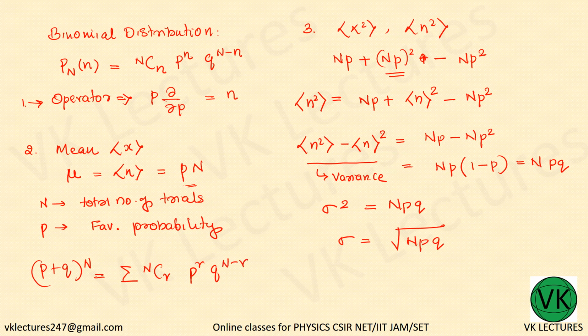Mu we have already discussed, the mean value, which is equal to np, and sigma is the standard deviation.